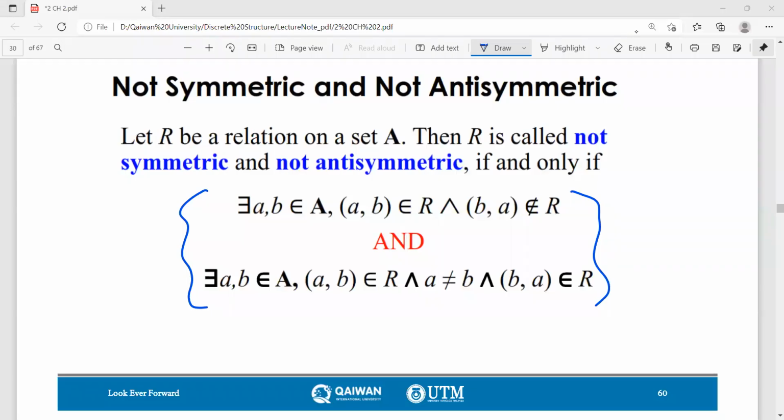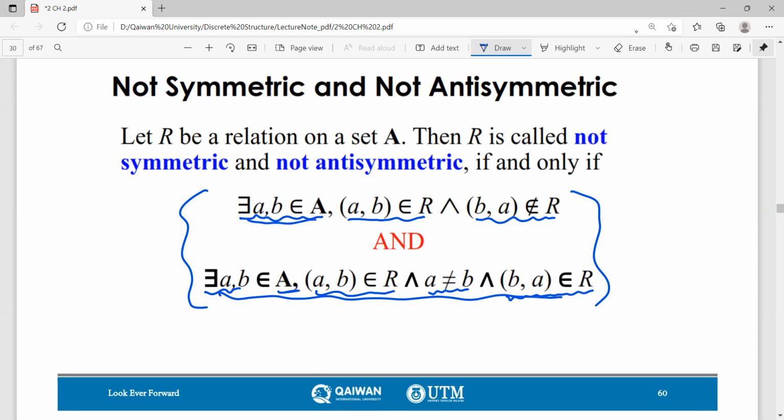We say if A is any set, and there exists (a, b) in the set A such that (a, b) is in R and (b, a) is not in R, and also there exists (a, b) in A such that (a, b) is in R and a is not equal to b, and also (b, a) is in R. This is the condition of anti-symmetry, and this is the condition of not symmetric.